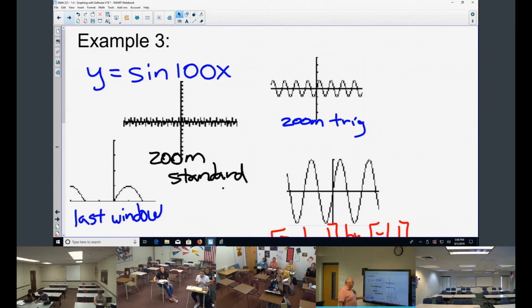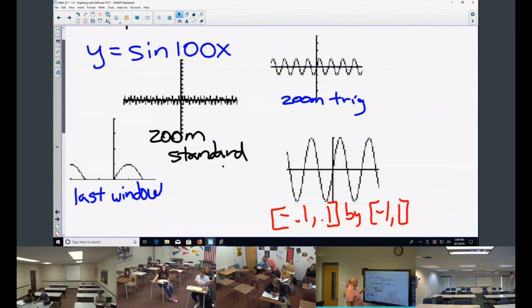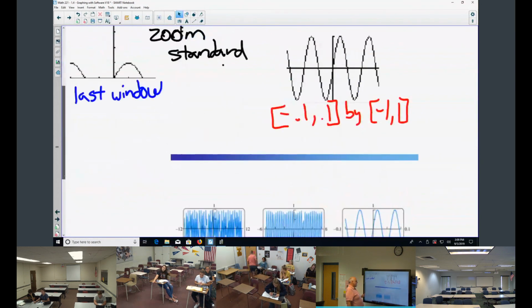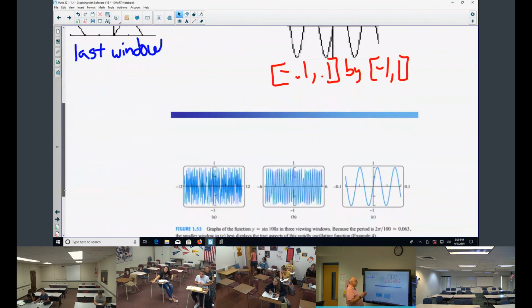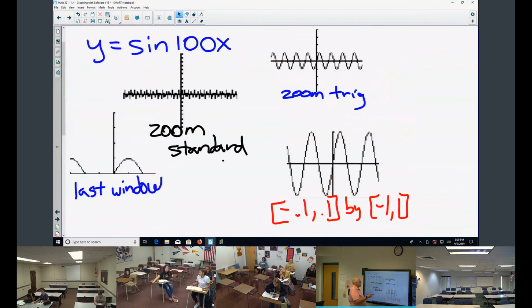The last window, I'm not even seeing all of it, but this is still looking like a sine wave or something. But when you zoom in, you see a weird thing, so you zoom in until you can see a little better what's going on.